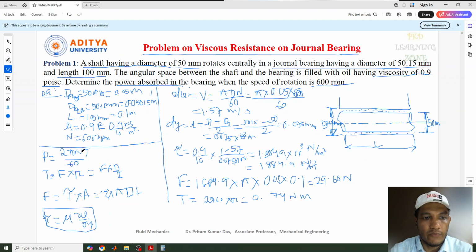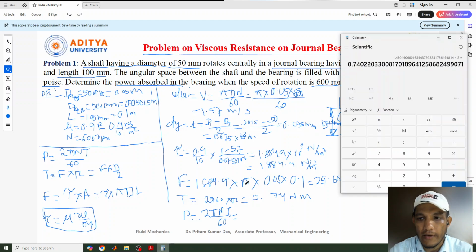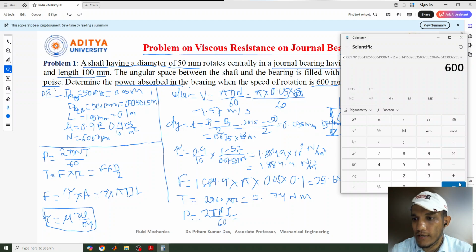Now let's put this value in the power P. Finally, we are going to get P equals 2 pi n t by 60. So multiply 2 into pi into the n value, which is 600, into the torque t, and divided by 60.